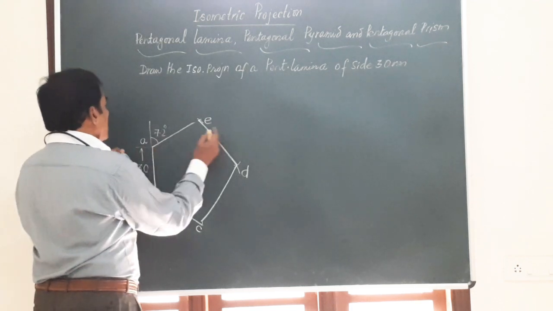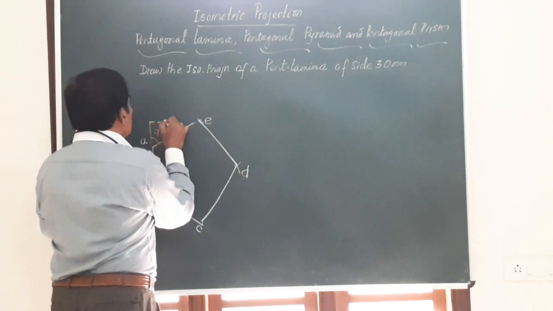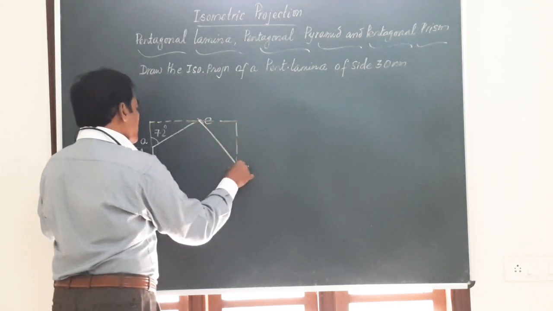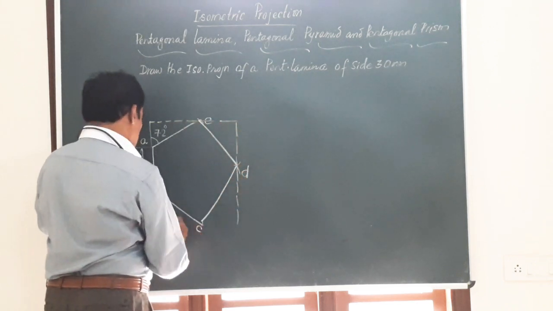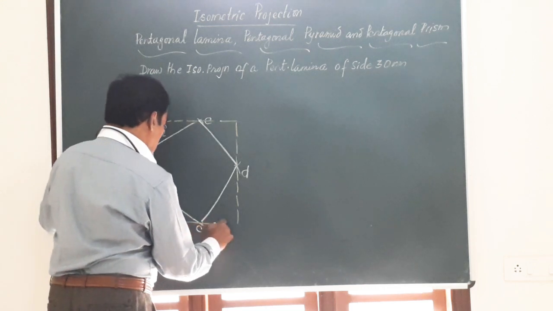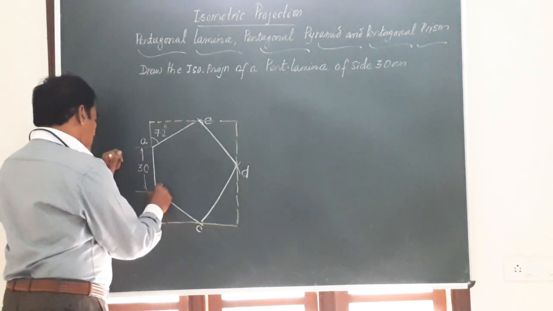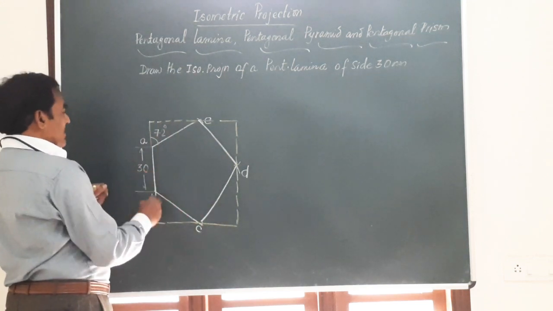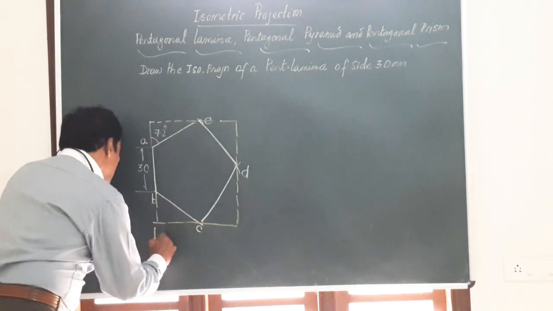So I am going to enclose this figure in a box and I will call that box PQRS. So what have I done? I have just enclosed the pentagon of side 30 mm in a box.